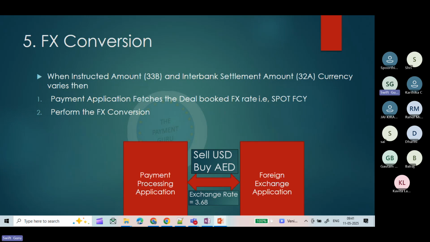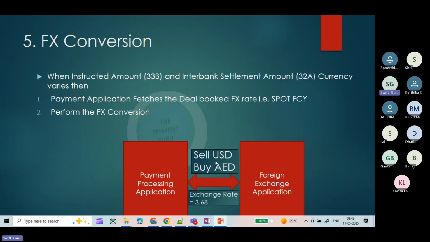If you're trying to make a fund transfer, let's say you are having an account in USD and then you are making a fund transfer, then you will be getting this information of the exchange rate.